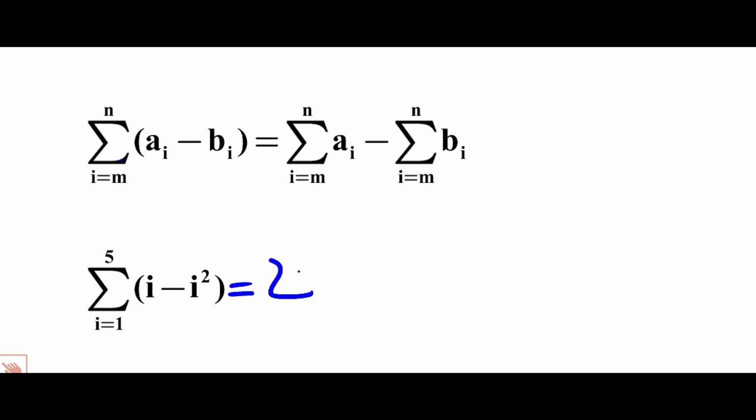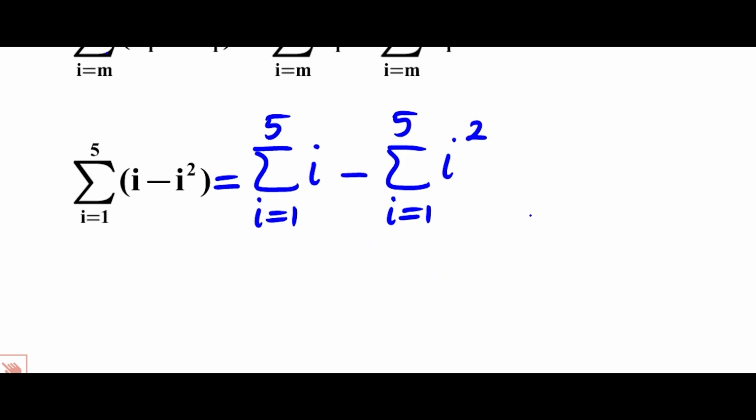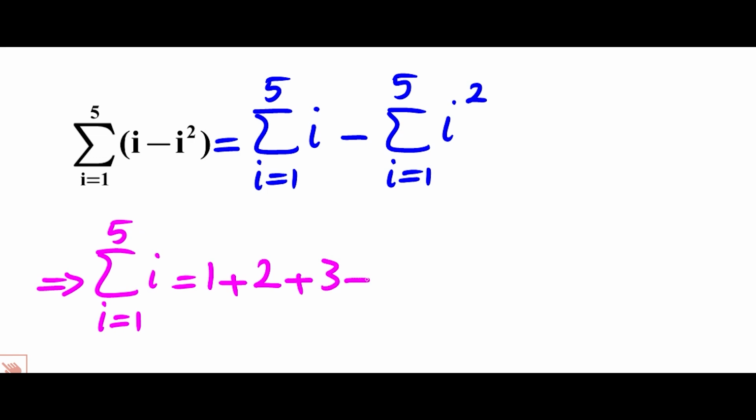We have the sum of i from i equals 1 to 5 minus the sum of i squared from i equals 1 to 5. And we know that the sum of i from i equals 1 to 5 equals 1 plus 2 plus 3 plus 4 plus 5.